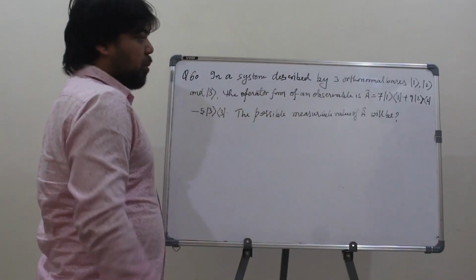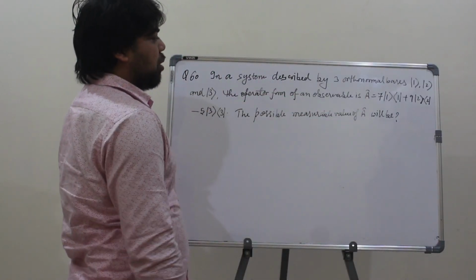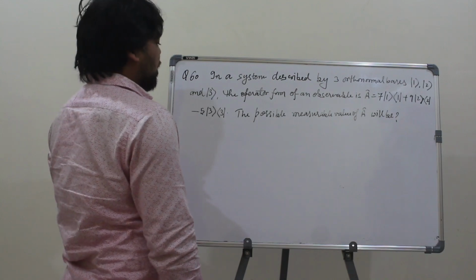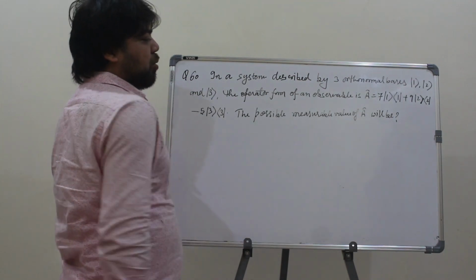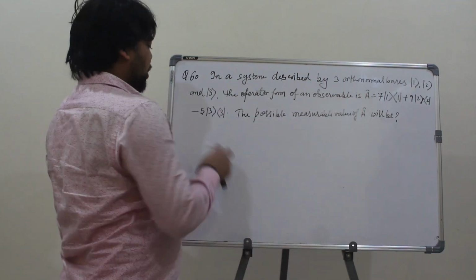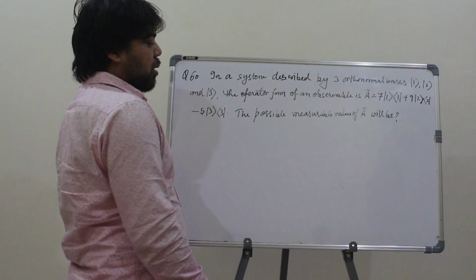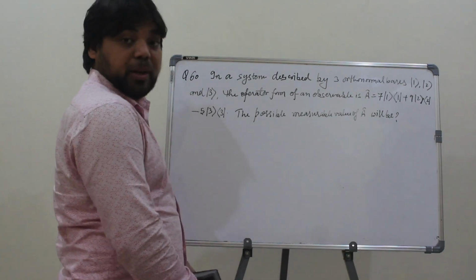Let us take problem number 16, which says that in a system described by the three orthonormal bases 1, 2 and 3, the operator form of an observable is A cap equals 7 |1><1| plus 9 |2><2| and minus 5 |3><3|. So what are the possible measurable values of observable A?